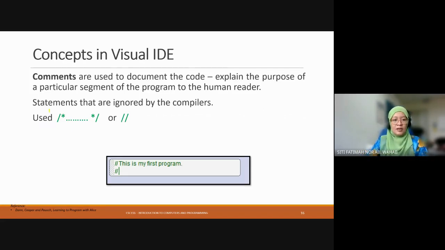So statement for comment, we use /*, and then ended with */ or single line comment, we use //. Nampak kat sini, ni single line. But bila you nak buat banyak line you nak comment, so you just type /*, you comment lah macam-macam, and then you ended with */. Faham?